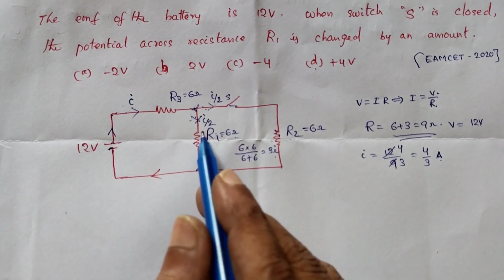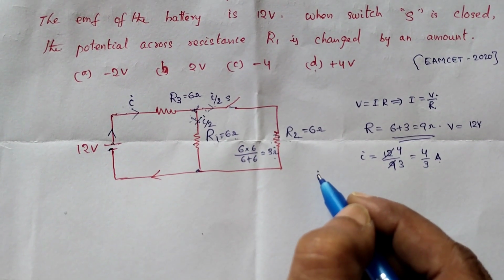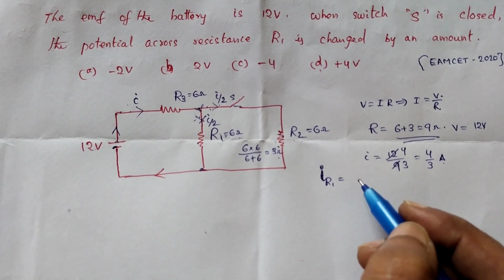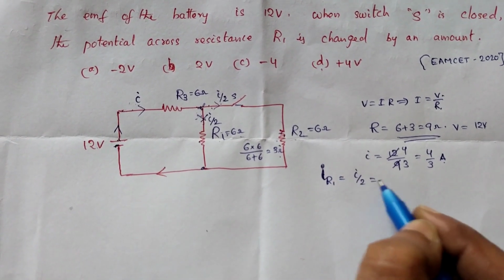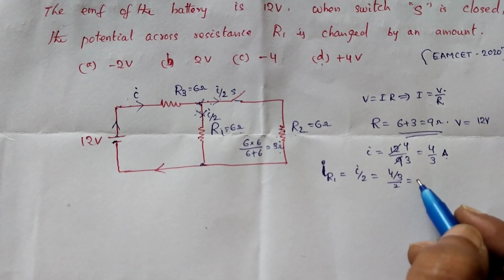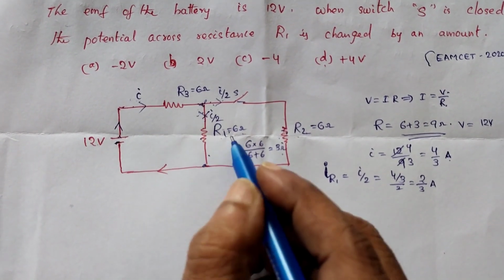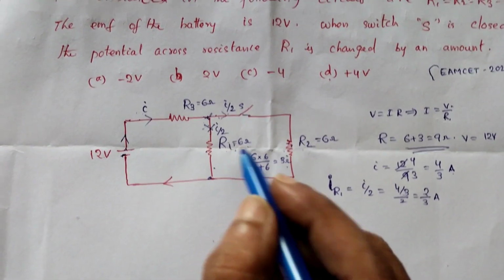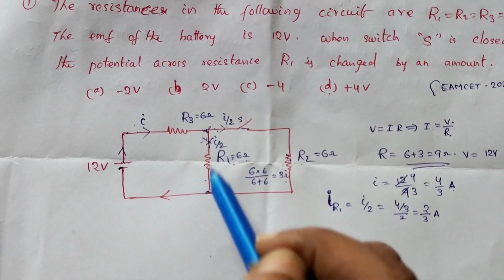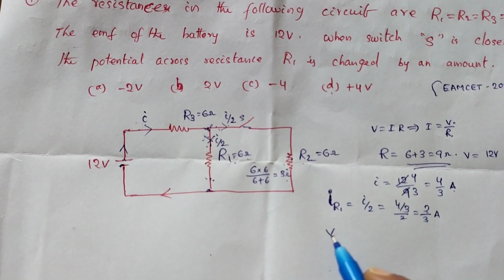So we can say that the current through R1 is equal to I by 2, that is 4 by 3 by 2, which is equal to 2 by 3 amps. Current flows through this resistor R1. Here in this question, what is asked? The potential across the resistance R1. So the potential V is equal to IR.